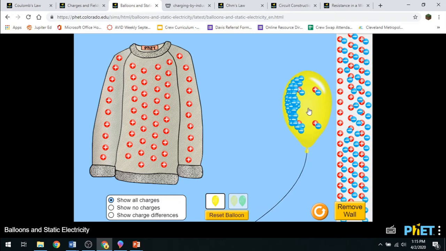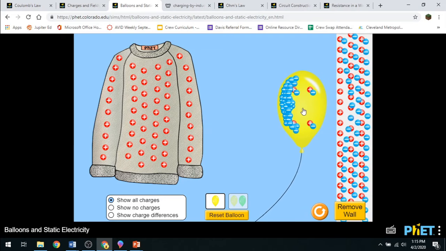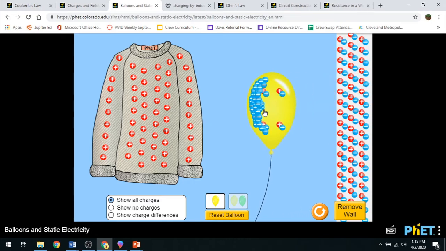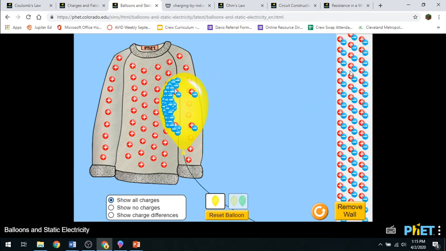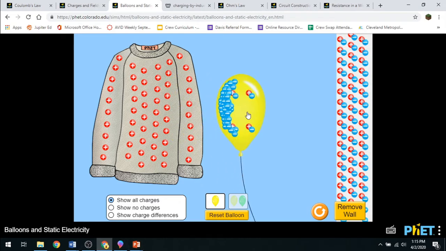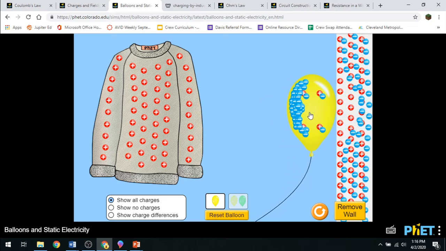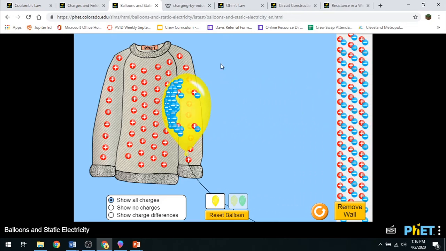So you don't actually have to touch something to change the charges. But notice, as soon as I move the balloon away, the charges all go back to where they were. So conduction kind of keeps the charges where they were, whereas with induction, the charges are going to go back to where they were in the first place.